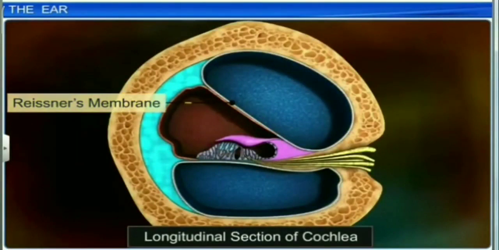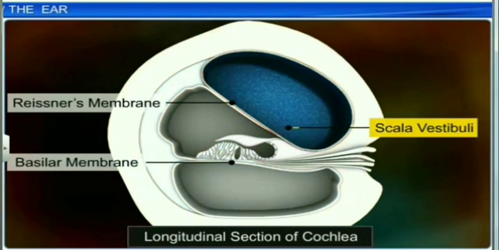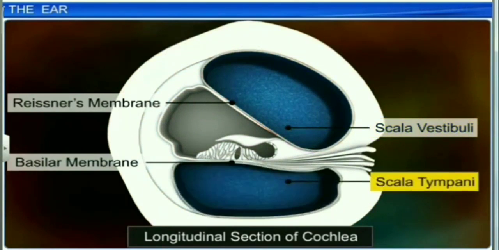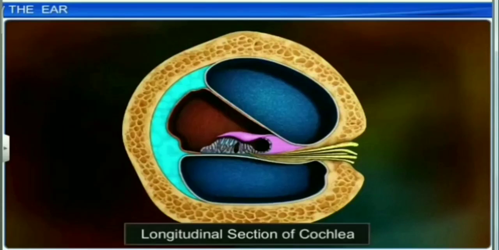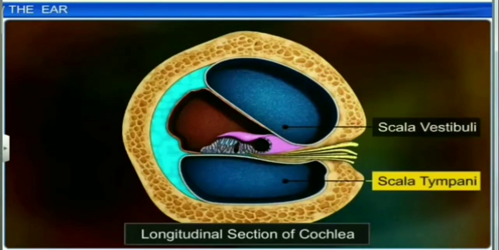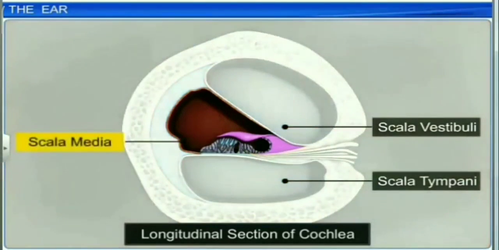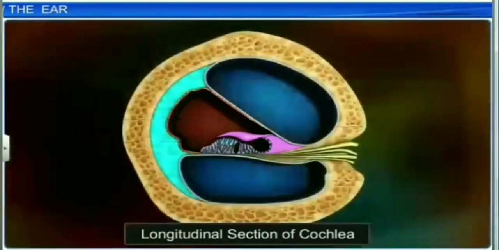The upper chamber towards the vestibule is called scala vestibuli and the bottom chamber is called scala tympani, and they are filled with perilymph. The middle chamber is called scala media and is filled with endolymph.